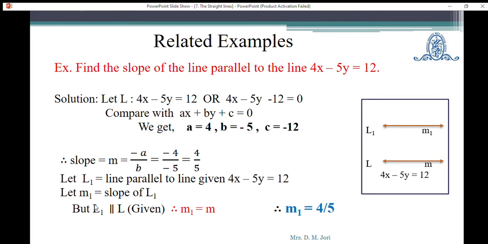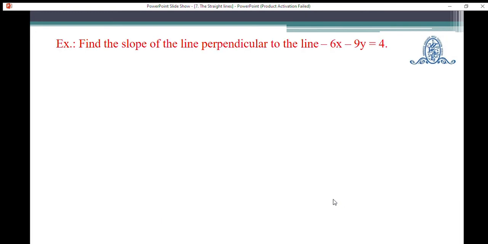Now as it is given that L1 is parallel to L, we can conclude that m1 must be equal to m, and therefore m1 is again equal to 4 by 5, exactly the same as m, because the lines are parallel. It is already given in your question, and hence the slope of line L1, 4 by 5, is your required answer.